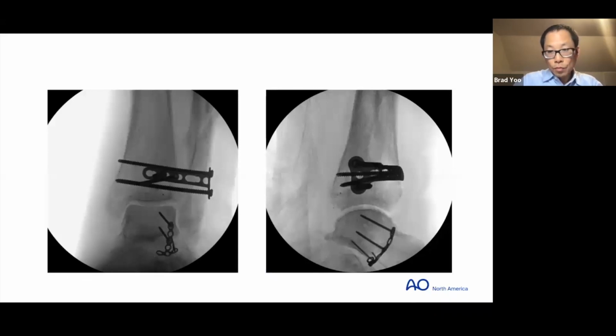And again, the plated syndesmosis with a T plate like this, I think works really well. You've got screws going anterior to posterior on the tibia, so they're perfectly resisting the syndesmosis opening up. And at the same time, you've got screws going from the fibula across into the tibia.